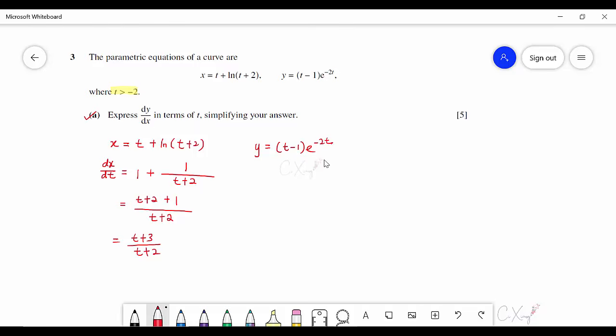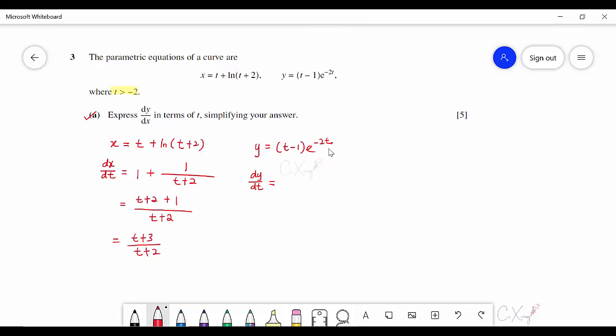This is my original equation, y in terms of t, and you realize that for this part you have a product of two different functions. The first function is t minus 1, the second function is e power negative 2t. Therefore, to get dy over dt, you need to apply the product rule.